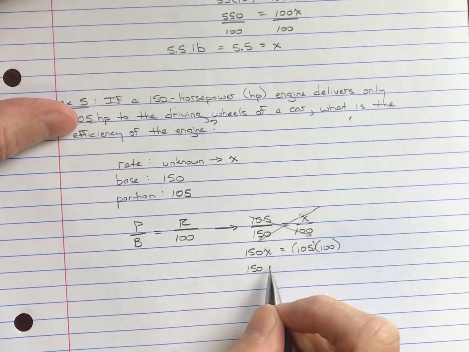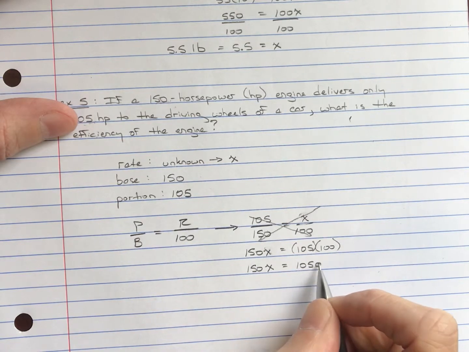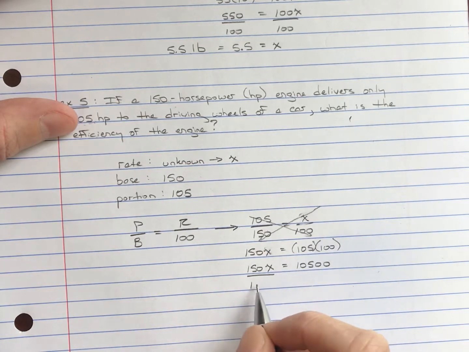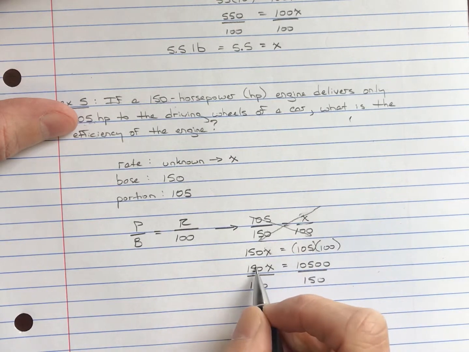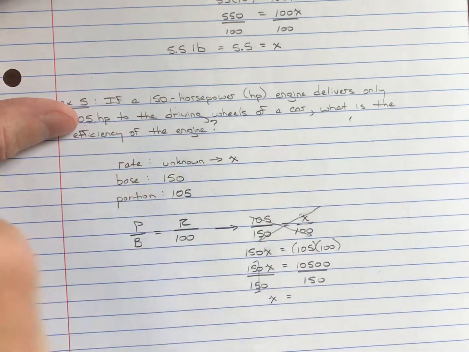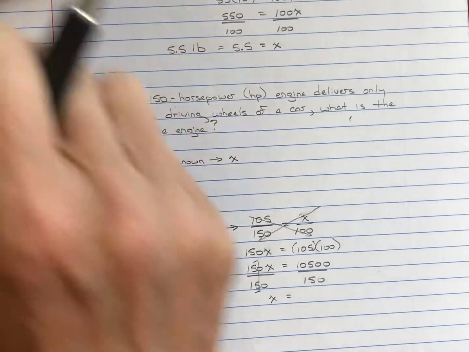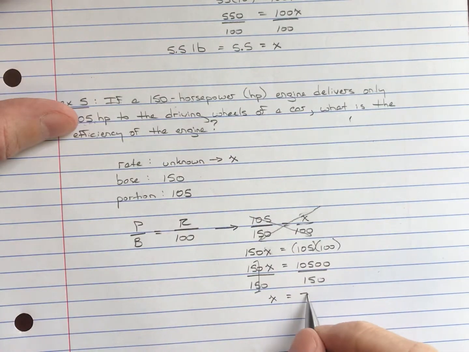Left side is fine, right side can be multiplied, and I think it's 10,500. Divide both sides by 150 to solve for x. 150 divided by 150 is 1. 1 times x is x, and I'll do this in my calculator. 10,500 divided by 150, I came up with 70.